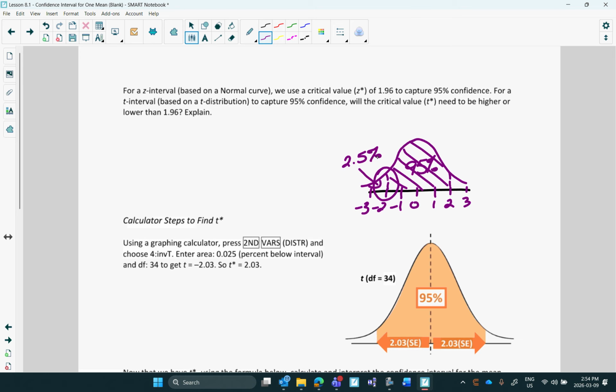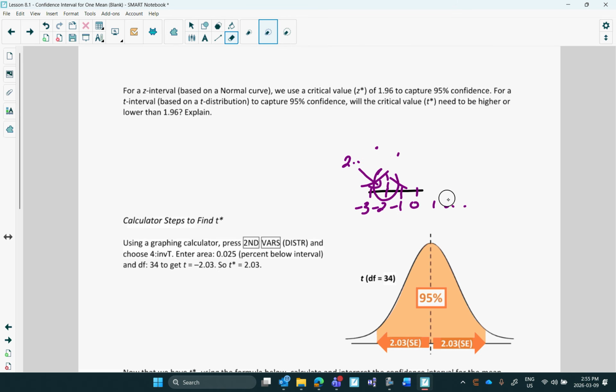To find this value given the area, I used inverse norm. But this time, to find the T value instead of the Z value, we use inverse T. You find that at the same place in your graphing calculator as inverse norm.